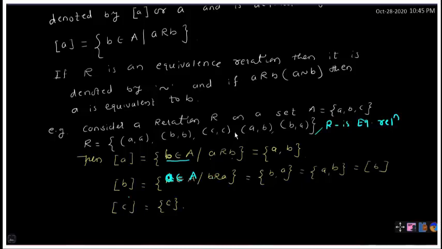The element b itself is R related to b, so b comes in this class, and the element a is R related to b, so a comes in this class. That is, the set {b, a} is equal to the set {a, b}. This is the same as the equivalence class of a.